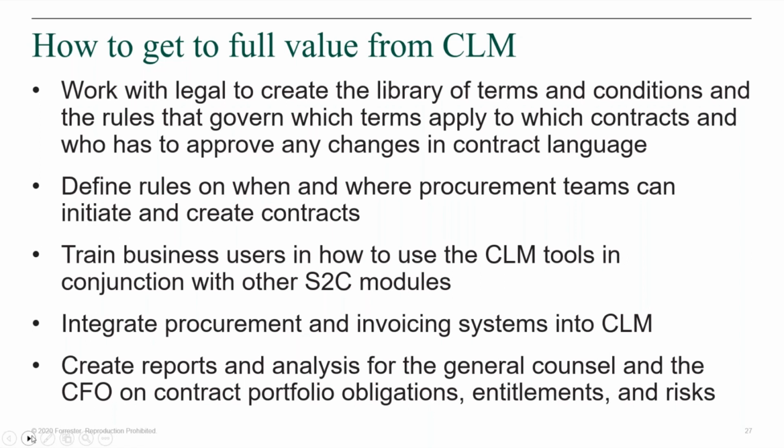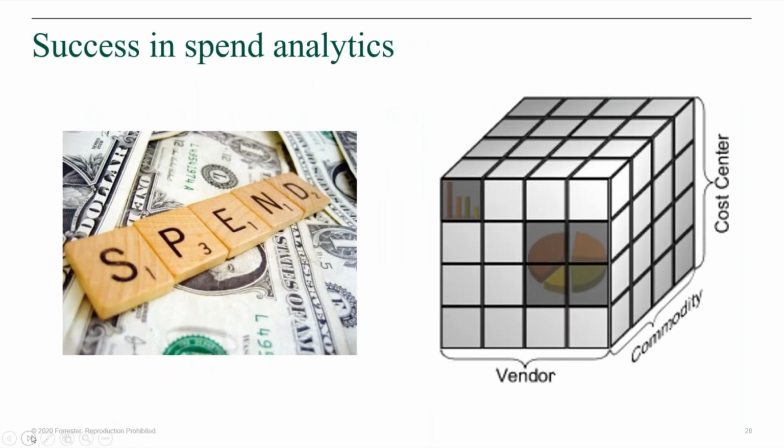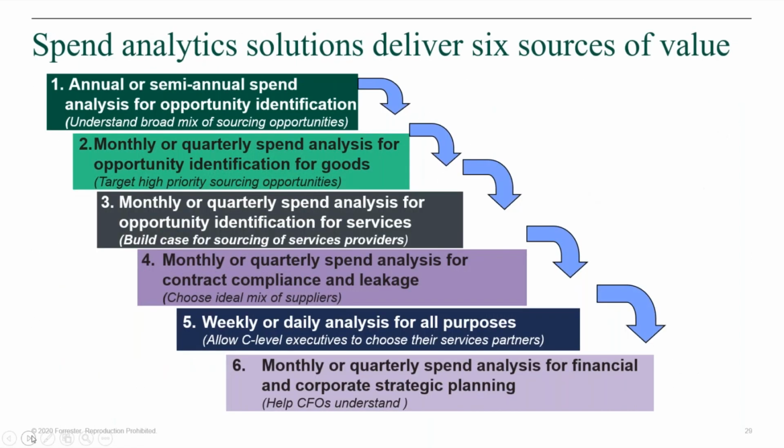Let's turn next to the next one, spend analytics. Spend analytics is all about gaining insight into what you're spending, who you're spending it with, and who's doing the spending. Again, 6 sources of value, 6 stages of implementation.